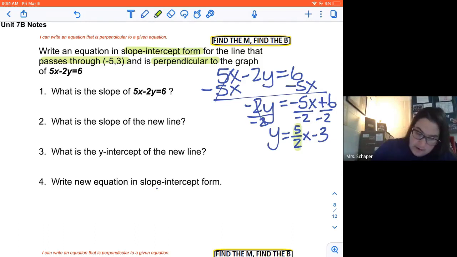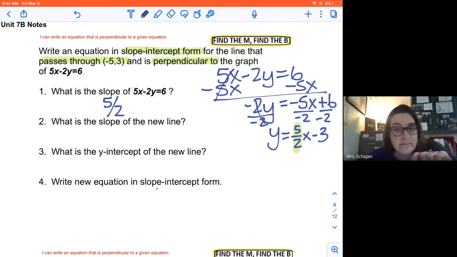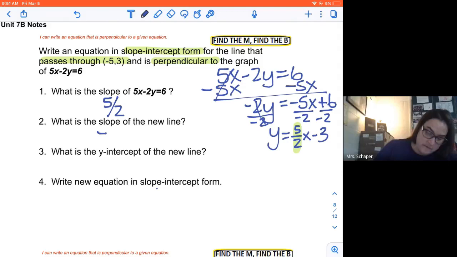Now I know the slope of my line is 5 halves. The slope of the new line is going to be opposite and reciprocal. So the opposite of positive is negative. Flip it is 2/5. That's my m. What's my y-intercept? What's my b? I've got my x and my y.